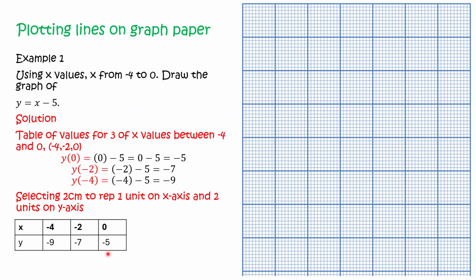Great. So now let's plot the x-axis and the y-axis. That is how we would plot it. So using 2 centimeters for 1 unit on the x-axis and 2 centimeters representing 2 units on the y-axis, we are going to have that. But we could still use the same 2 centimeters to represent 1 unit on the y-axis as well.